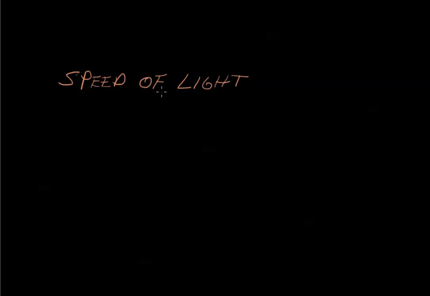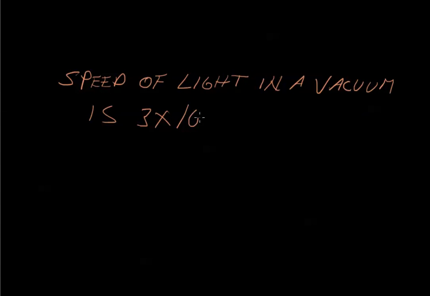But the speed of light in a vacuum is 3 times 10 to the 8th meters per second, and that is given the symbol of a lowercase c.